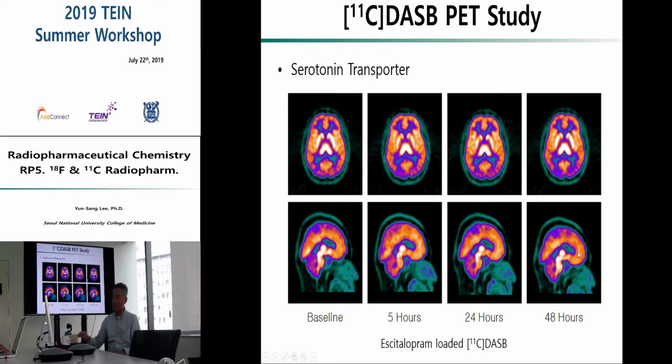But in this case, the signal always increases at this transporter. So we think it has high potential for irreversible reaction with the serotonin transporter from the C11 DASB imaging.